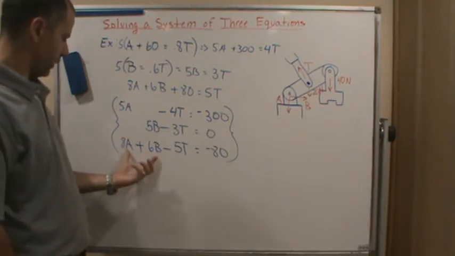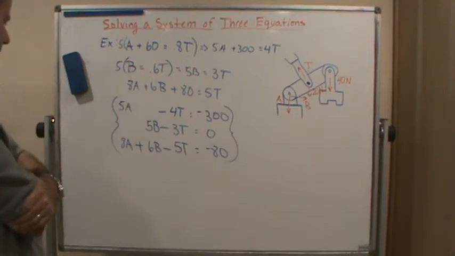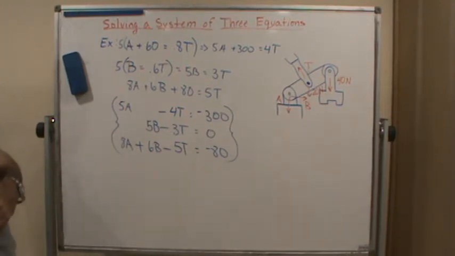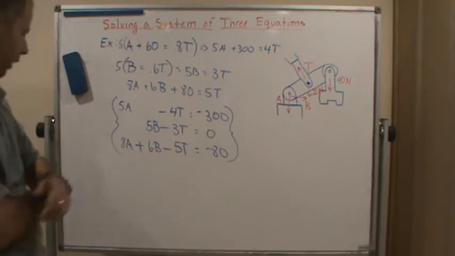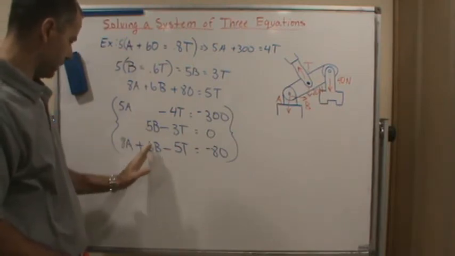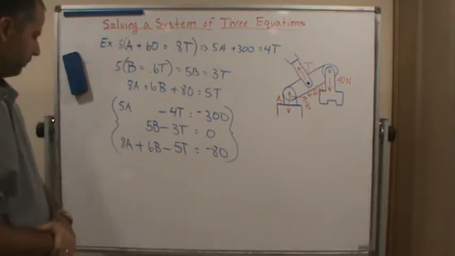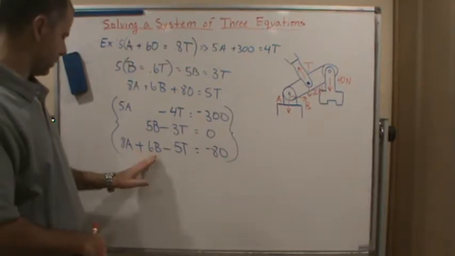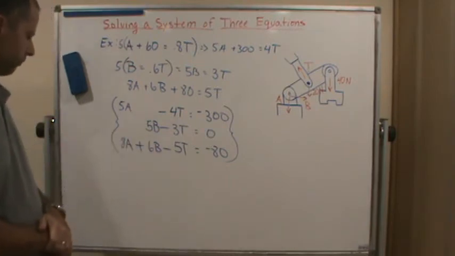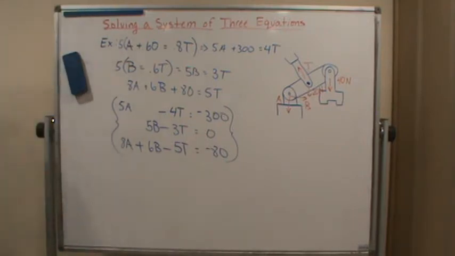Now if we use these two and get rid of the B's, then we'll have another equation with A and T in it. Or we can use this one, get rid of the A, and then we'll have one with B and T in it.